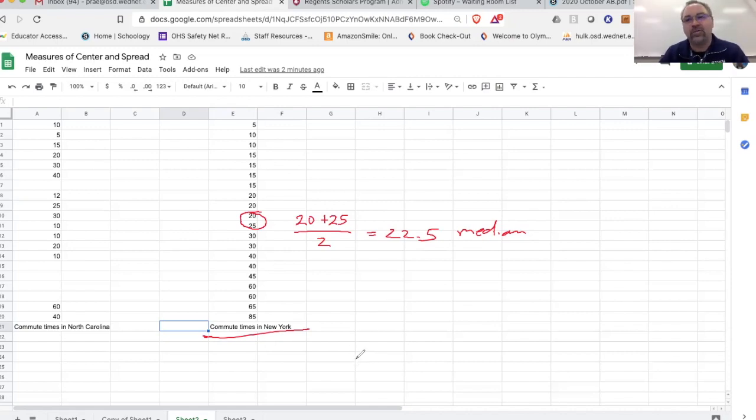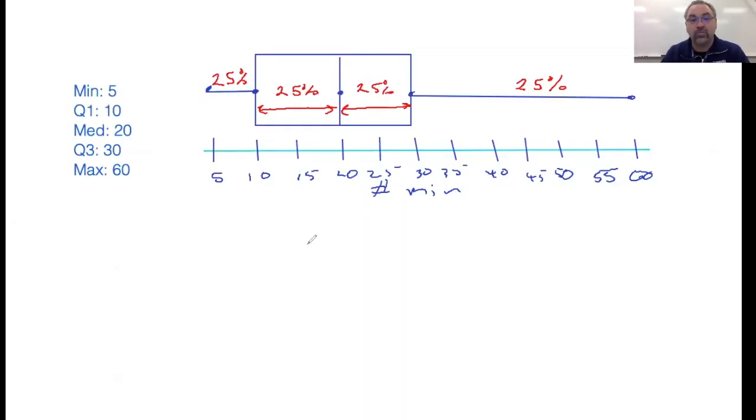A couple of measures of spread. So now let's talk about how we measure spread. Because when we're talking about SOCS, we're talking about shape, outlier, center, and spread.